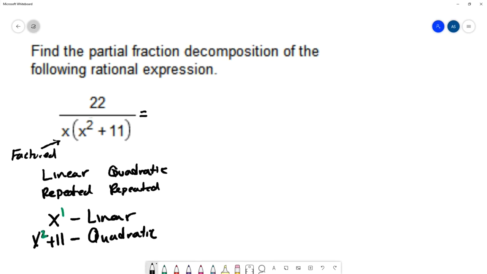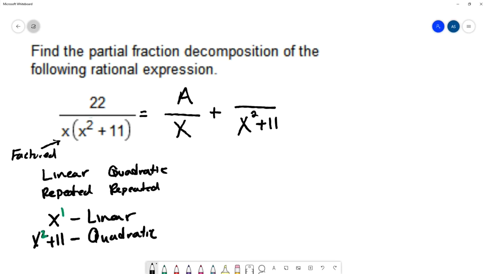So for each one of the factors, you have to create the decomposed fraction on the other side. So for the linear factor, you're going to put that linear factor in the denominator, and a linear factor will have a constant as the numerator. Then you're going to have a fraction for the quadratic factor as well.